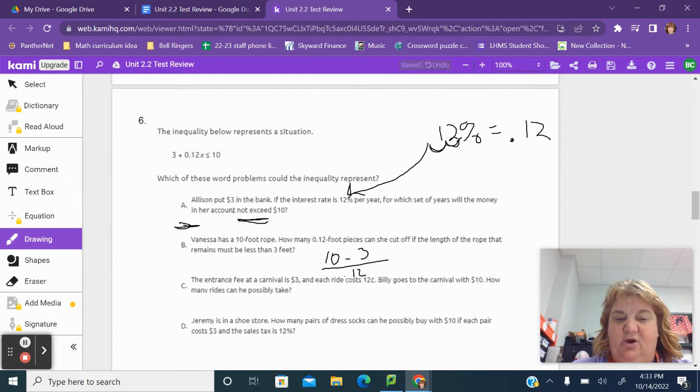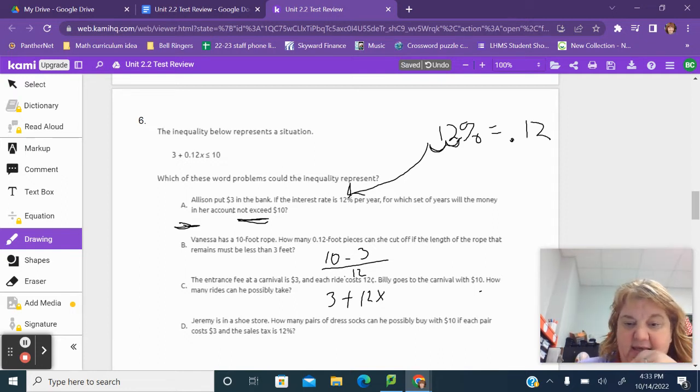The entrance fee at a carnival is $3. Oh, this one, okay. Then it costs 12 cents per ride. Billy goes to a carnival with $10. How many rides can he possibly take? So this has to be less than $10.